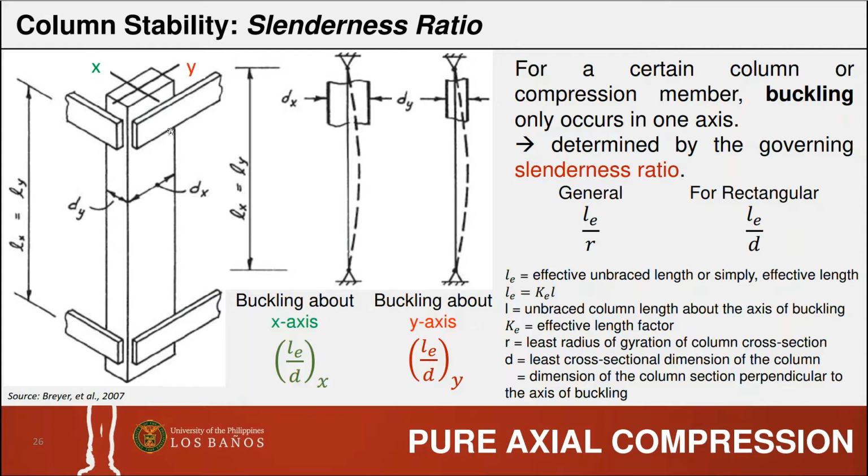The variable d is the dimension of the column perpendicular to the axis of buckling. If we have buckling along the x-axis, then our variable d_x will be this length. Meanwhile, for buckling along the y-axis, the column can buckle in this way.